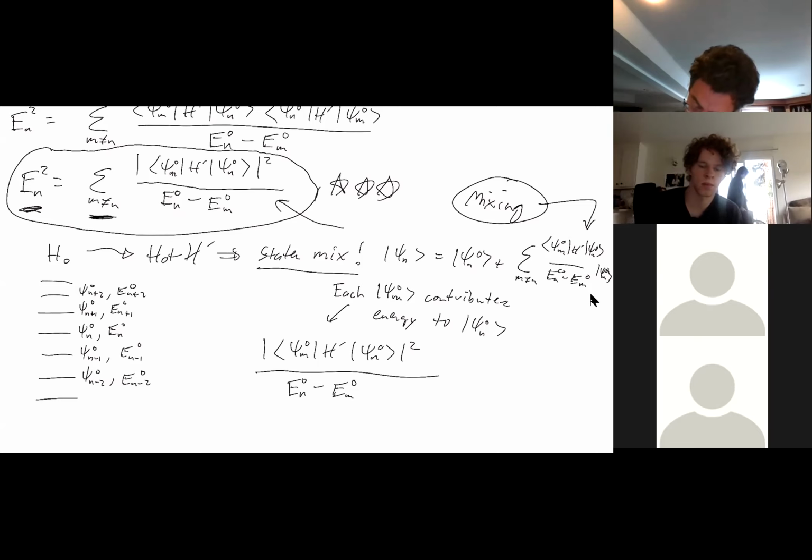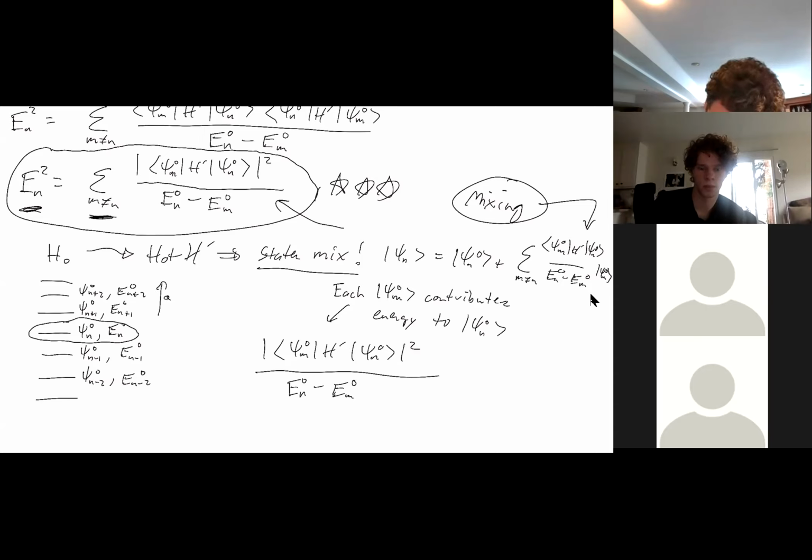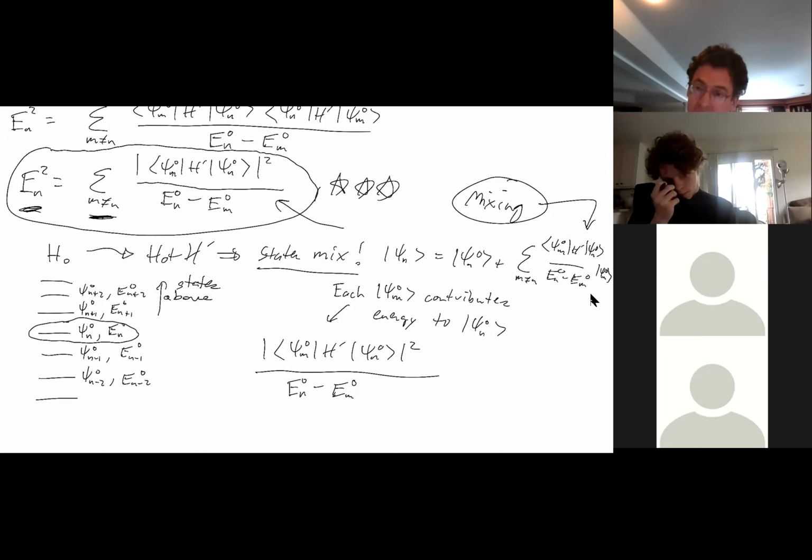And so look at this formula and notice that if I'm talking about a state, and I look at the states above, then what can I say about this Em naught relative to the En naught for the states above, the one I'm talking about? What can I say about that?